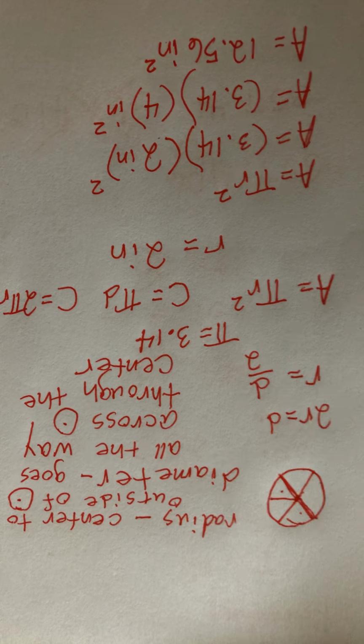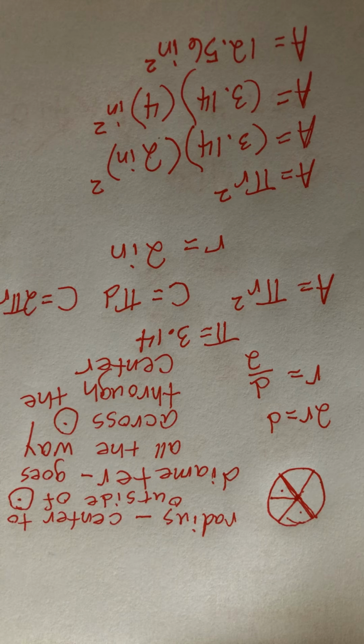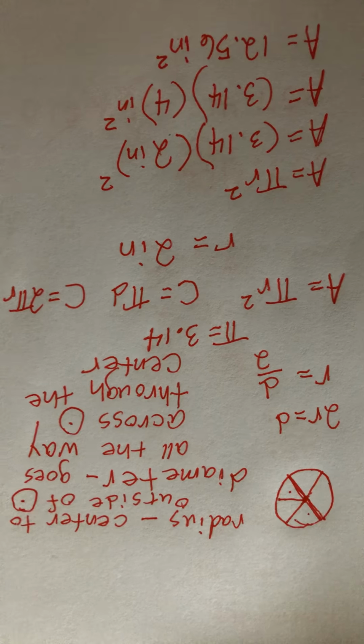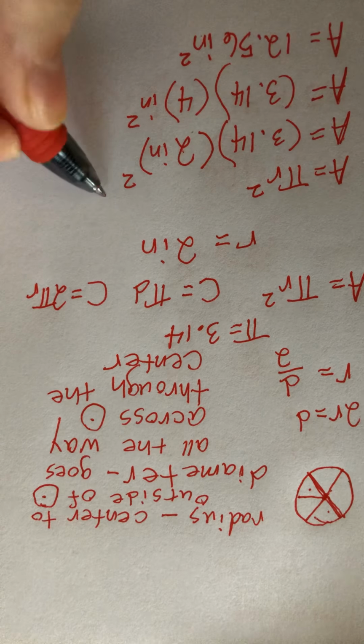Okay? Now, the other thing we would need to do is find the circumference. Since they gave us the radius, I'm going to choose to use this formula, C equals 2 pi r.